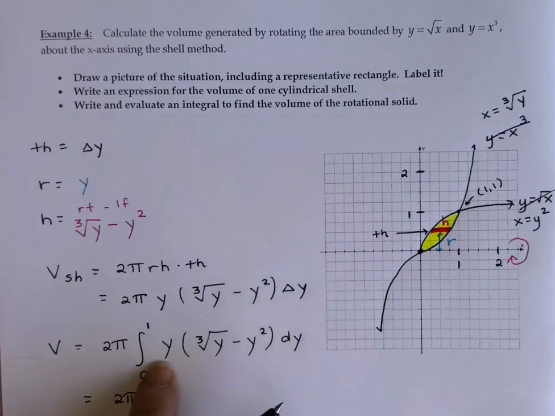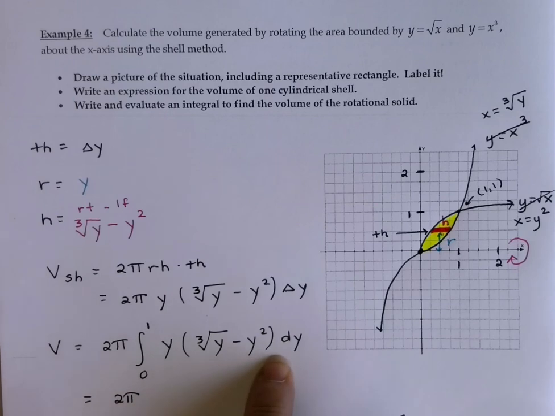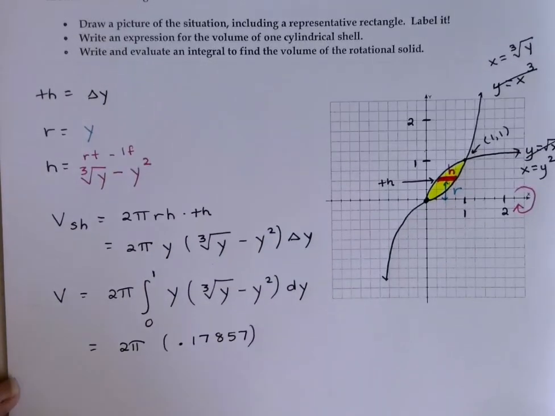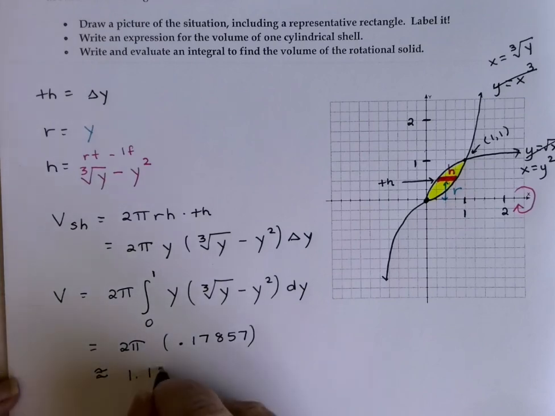When I did this integral on the calculator this time, I did not get any nice values. What I actually ended up with was 0.17857. And since that did not convert to a nice fraction, I just went ahead and multiplied this all out on my calculator and got an answer of approximately 1.122. We'll write approximately equals for approximate.